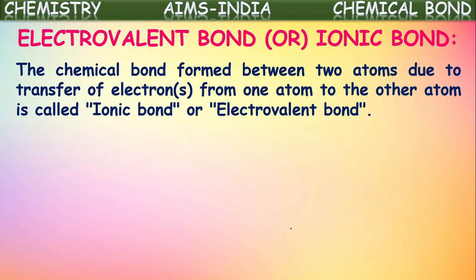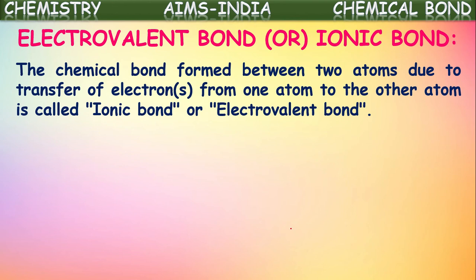The chemical bond formed between two atoms due to transfer of electrons from one atom to another atom is called ionic bond or electrovalent bond. We told some elements will lose electrons and hence attain octet configuration, and some other elements will gain electrons from other elements and hence attain octet configuration.